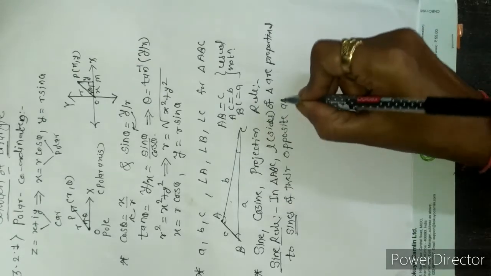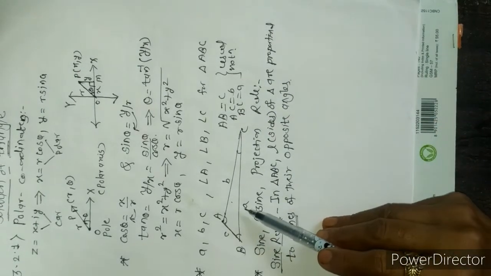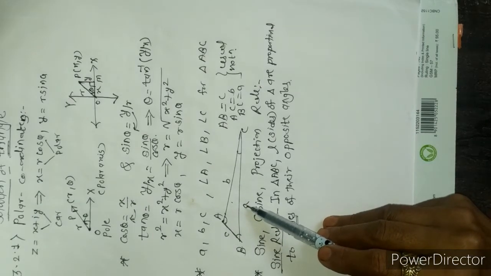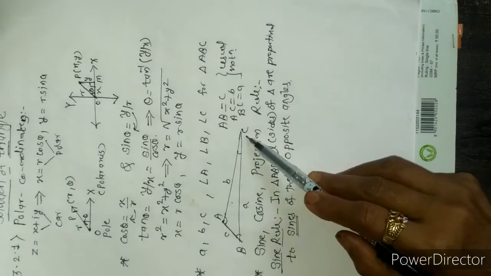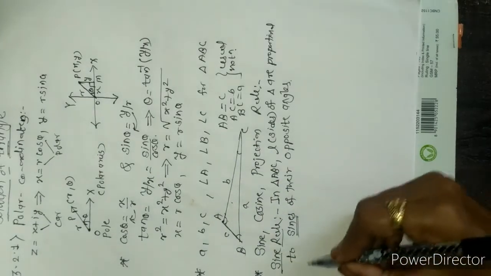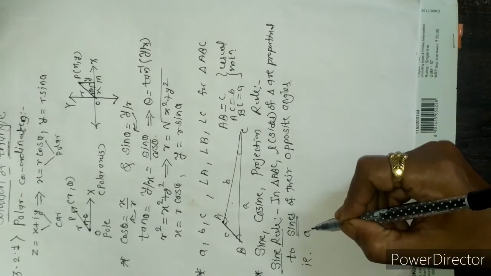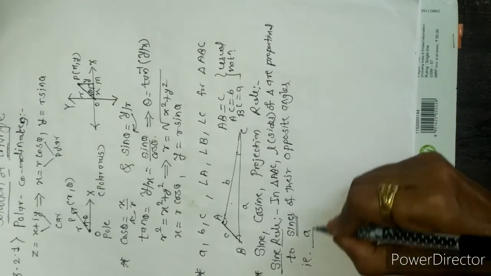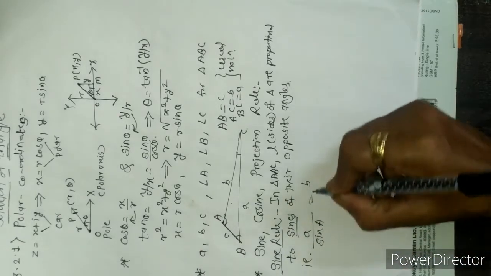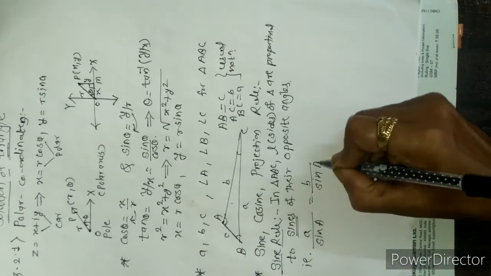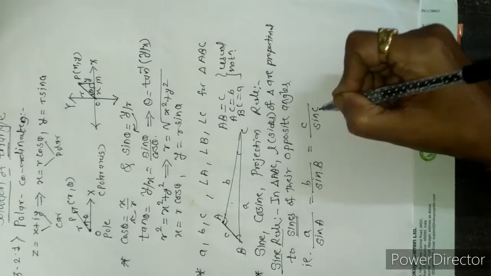Opposite angles means if the angle is A, the length of the opposite side is a. So a is proportional to sine A, b is proportional to sine B, and c is proportional to sine C. So we take a upon sine A is equal to b upon sine B is equal to c upon sine C.